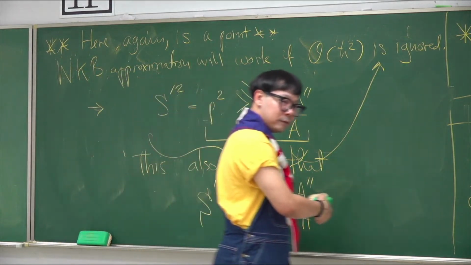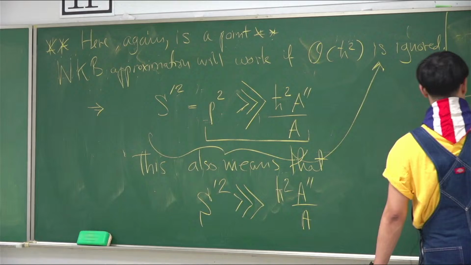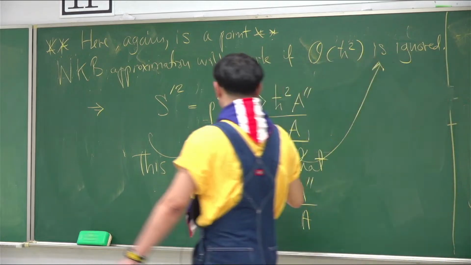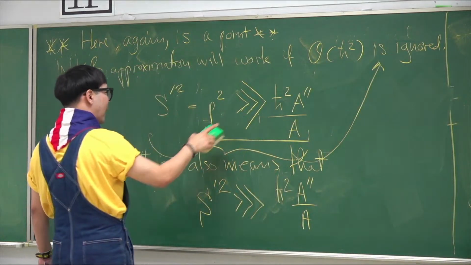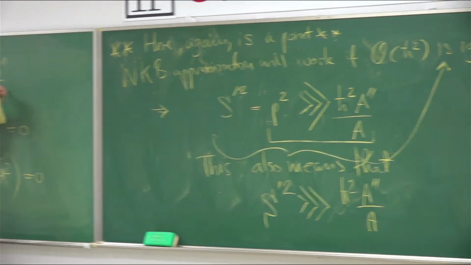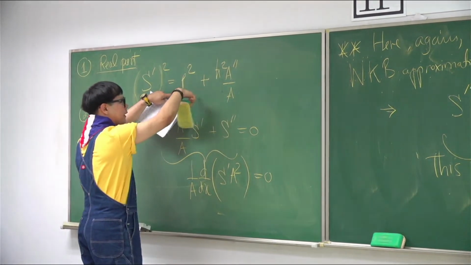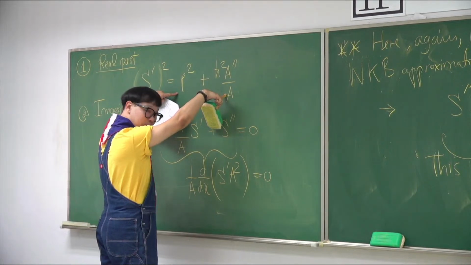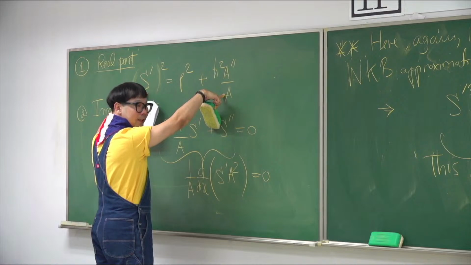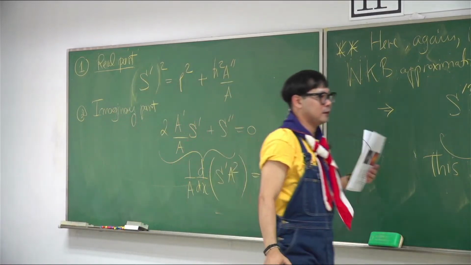Is that okay? Make sense to you? So the logic is that once you throw away this thing, you will get the same. But in order to throw away this thing, this term must be bigger than this one. It means that this term is also bigger than this one. Then we get that condition. Okay.